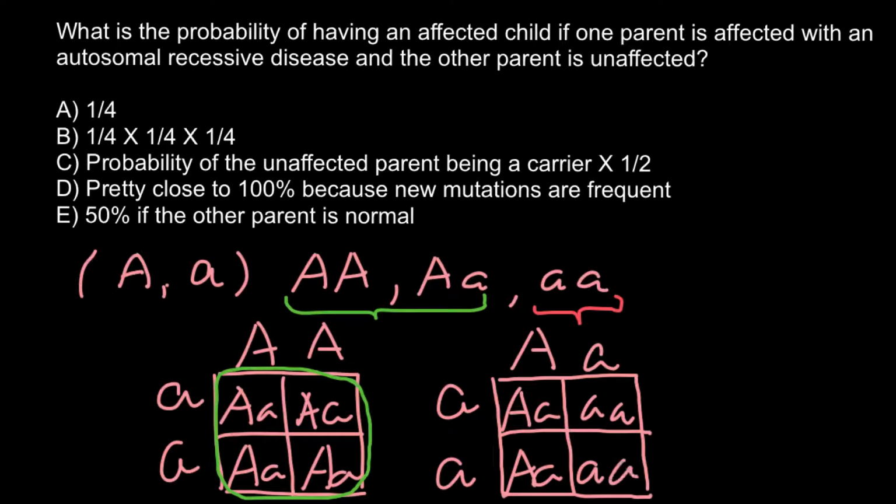And as you see, the probability would be 50% if one parent is homozygous recessive and the other is normal but heterozygous. So we can circle this one with red color.